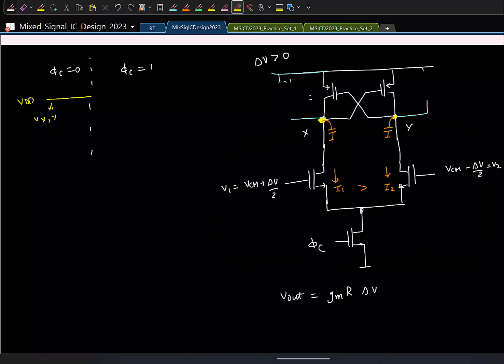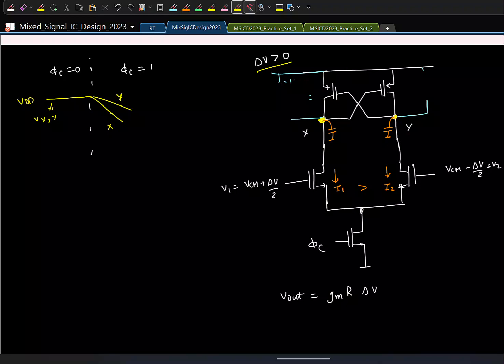So what will happen to the outputs? It will keep dropping, and which will drop faster? X will drop faster. This is Y. Okay. And if X and Y start to drop, what will happen later? Initially the PMOS was off, but we want the PMOS to be on. That's the whole point. So when will the PMOS transistor turn on?